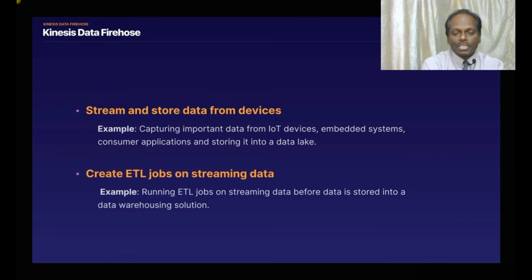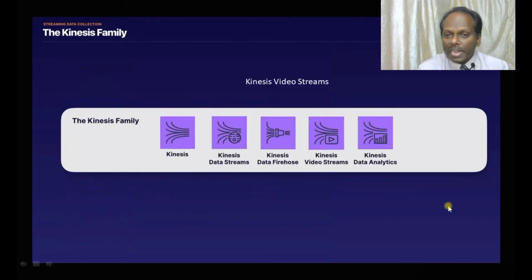You can also run ETL jobs on streaming data before the data is stored into a data warehousing solution. Overall, Firehose is like a delivery service for streaming into S3 or DynamoDB, etc.